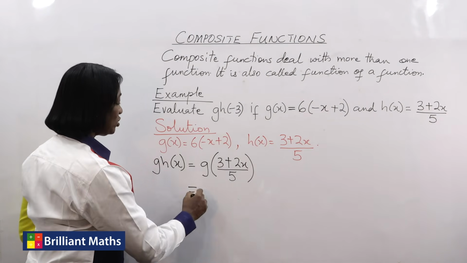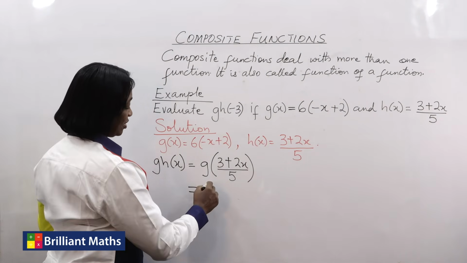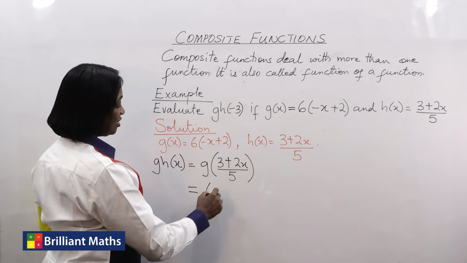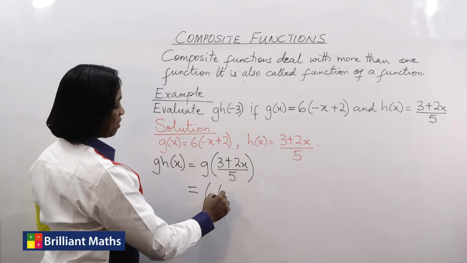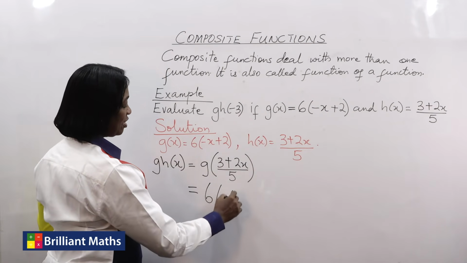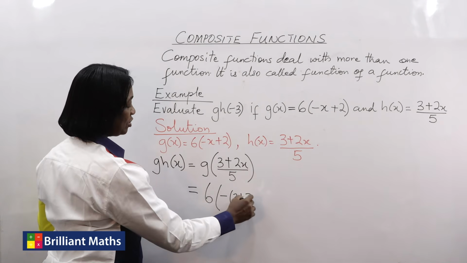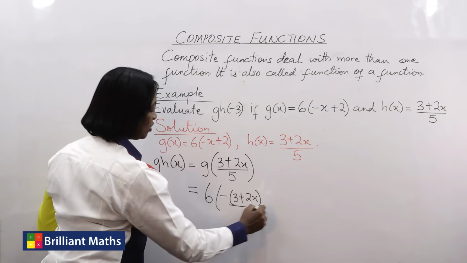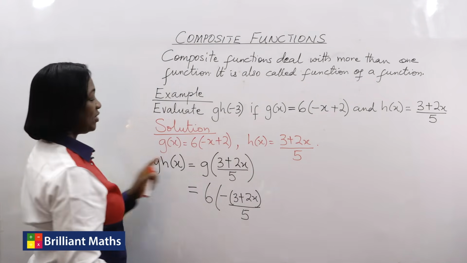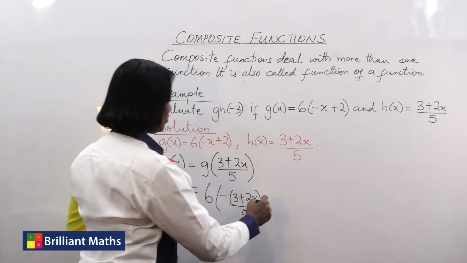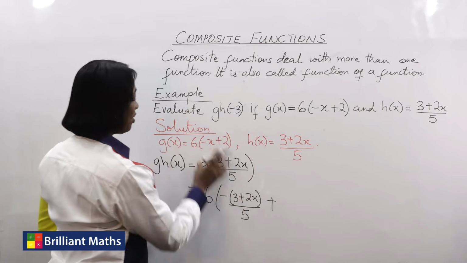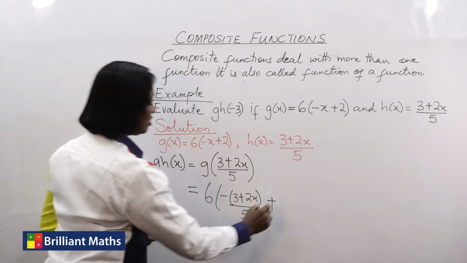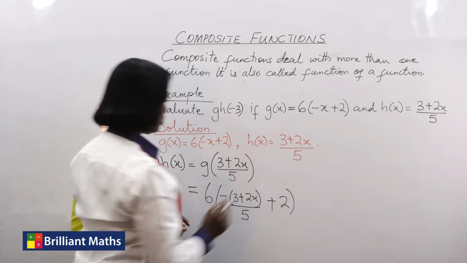So that's equal to 6 into minus 3 plus 2x over 5, then plus 2. Because this is now our x, plus 2.